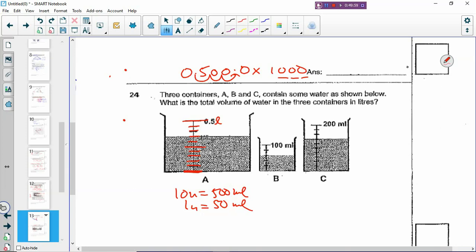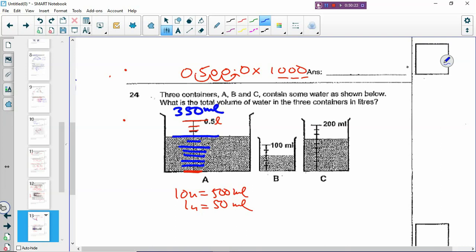Okay, so let's start counting and see how much water is in container A. So you have 50, 100, 150, 200, 250, 300, and 350, right? 350. So how much water is inside this container? 350 ml.